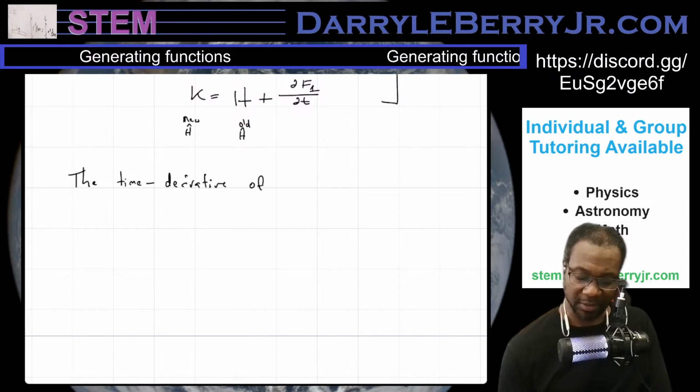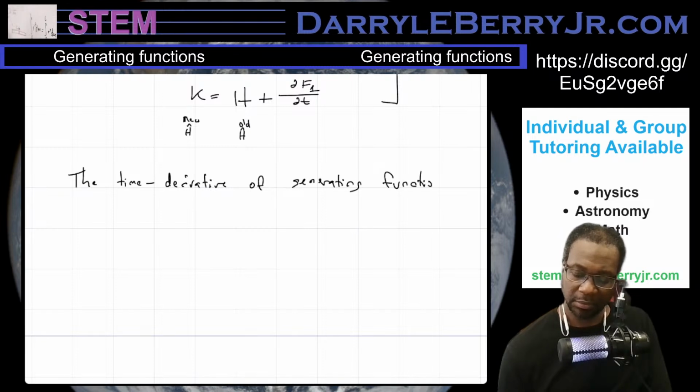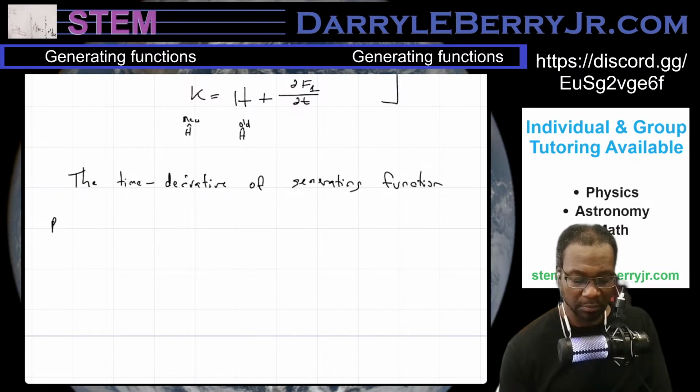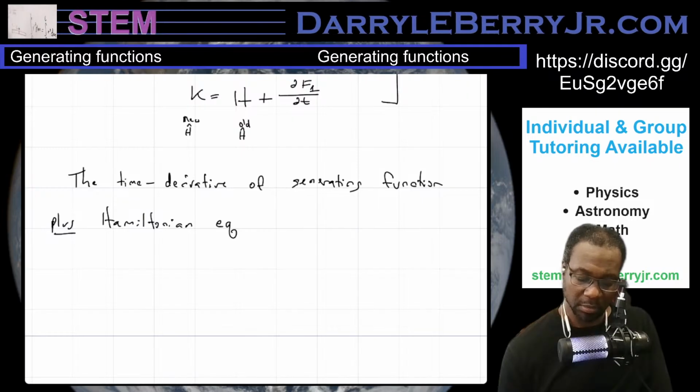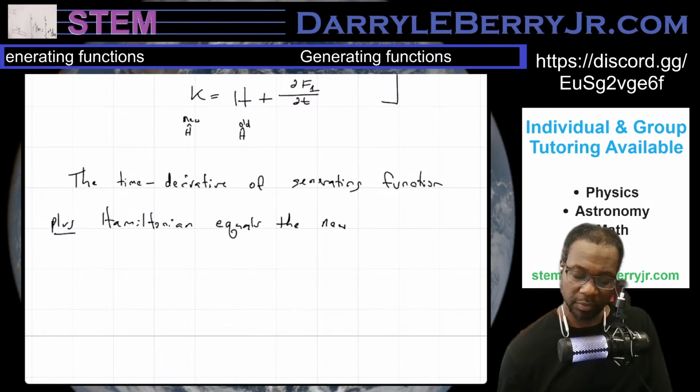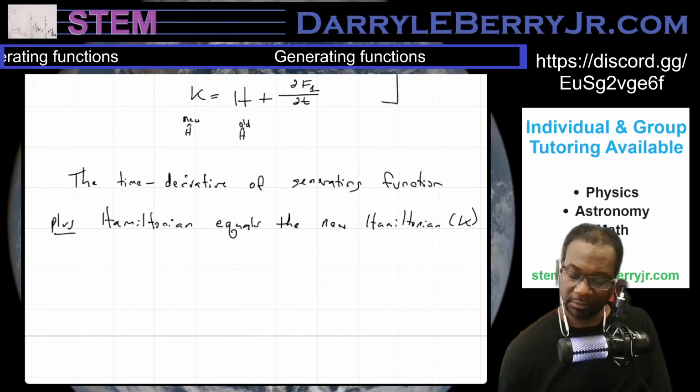Time derivative of the generating function plus the Hamiltonian equals the new Hamiltonian K.